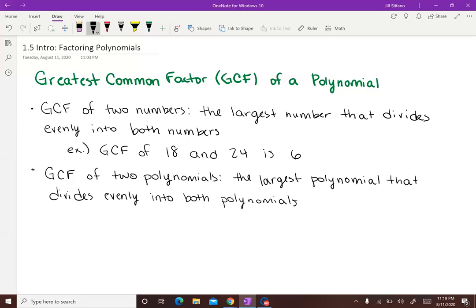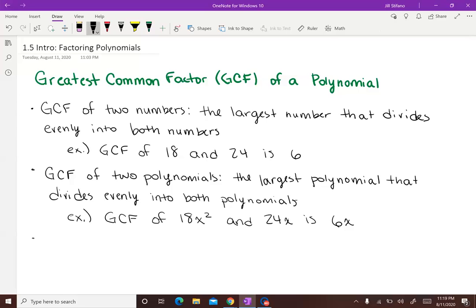So as an example, building off the last one, the GCF of 18x squared and 24x is 6x. So we take the greatest common factor of the coefficients and the greatest common factor of the variable term and combine it to get 6x.